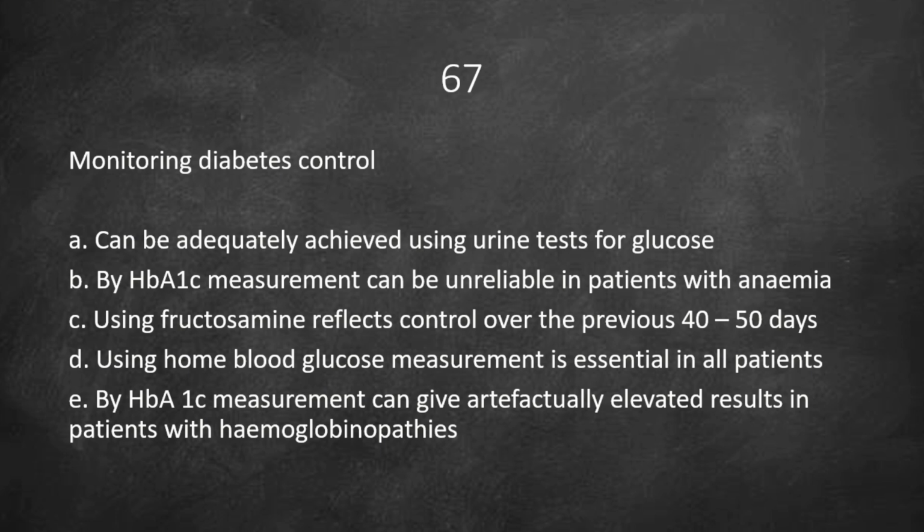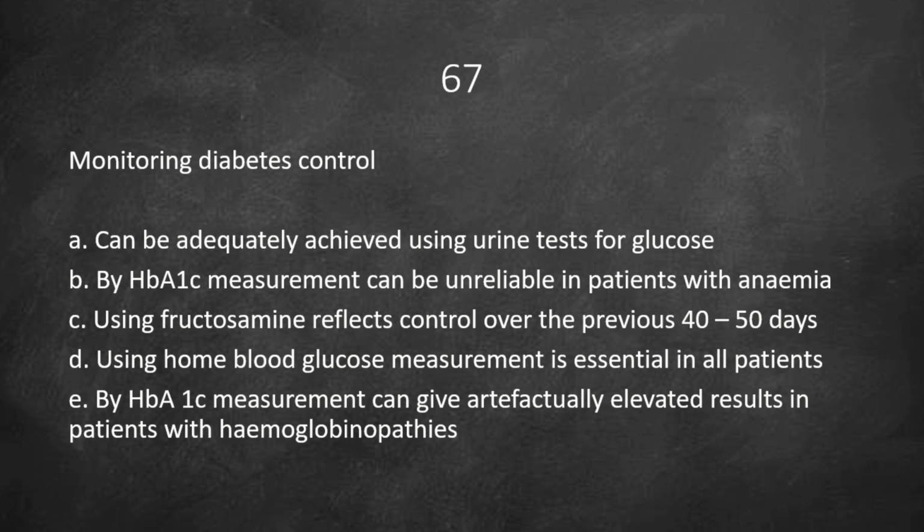Then if you look at option C, it says using fructosamine reflects control over the previous 40 to 50 days. This one too is correct because fructosamine measures the average blood glucose levels over the previous 2 to 3 weeks, which can be useful for short-term monitoring.